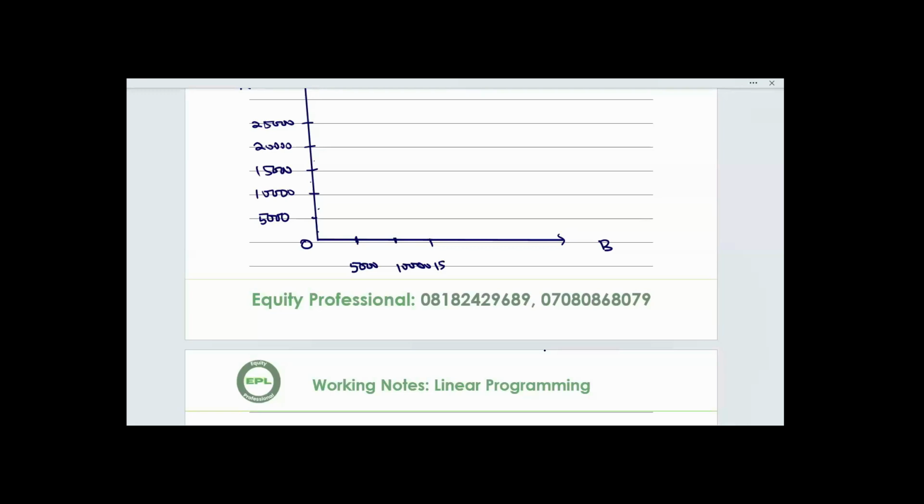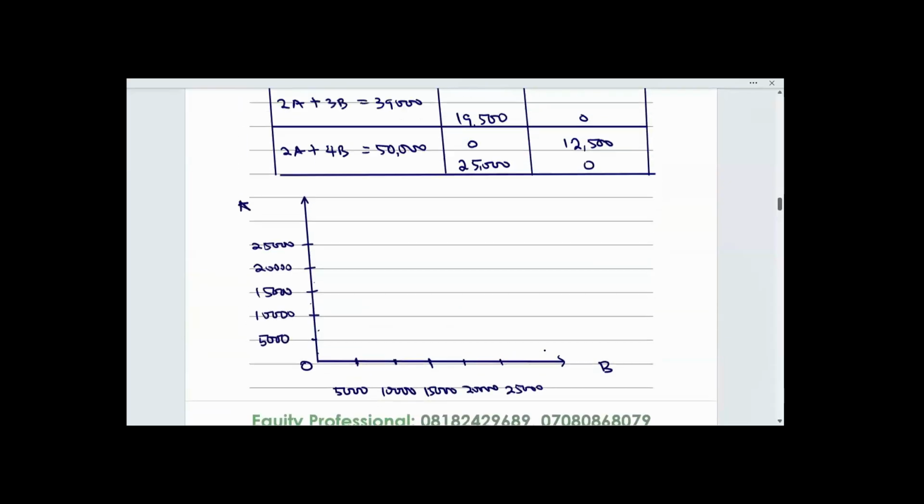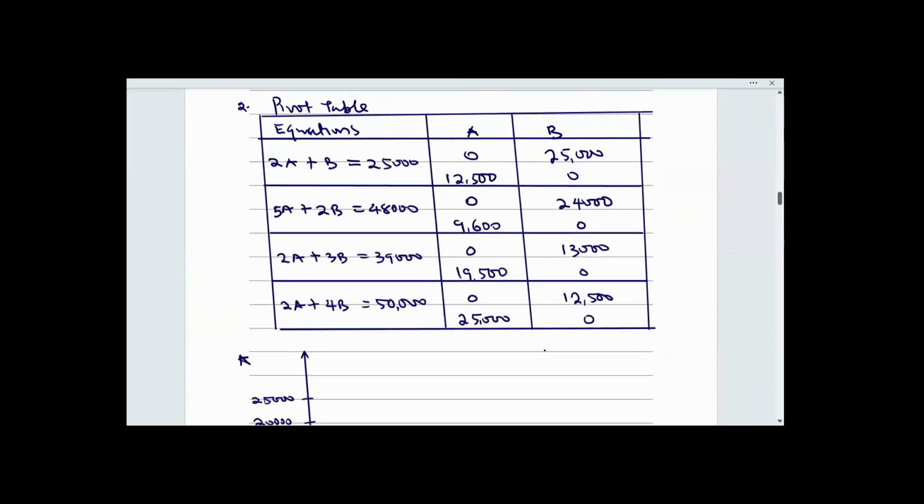Let me write this. So 5,000, 10,000, 15,000, 20,000, then 25,000. All right. So we are going to plot A against B.